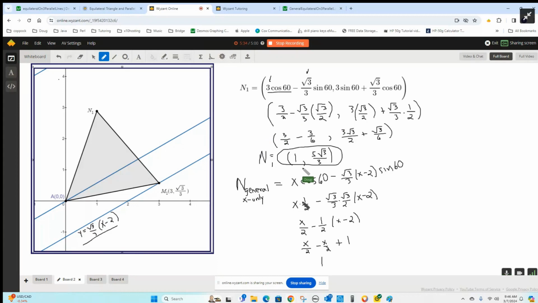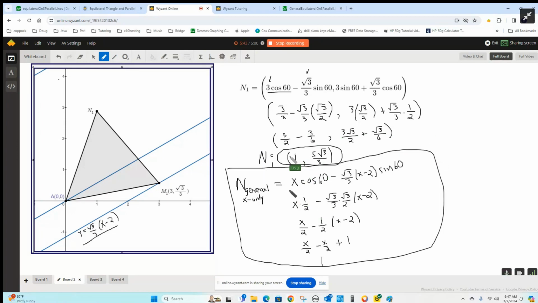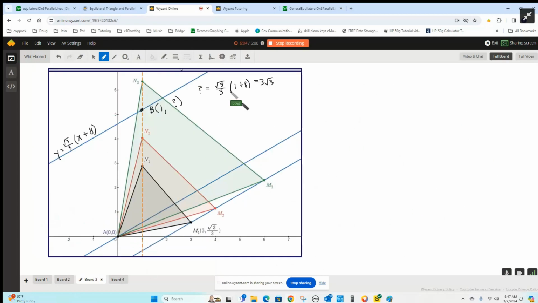And in general, this is why the x coordinates of all those N images is 1. Because no matter what x is, this is the y value right here, radical 3 over 3, times the quantity x minus 2, again from this equation. If I simplify that using cosine of 60, sine of 60, I always get a result of 1 because the x's cancel out.